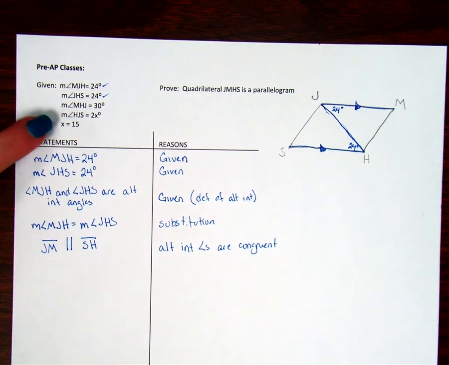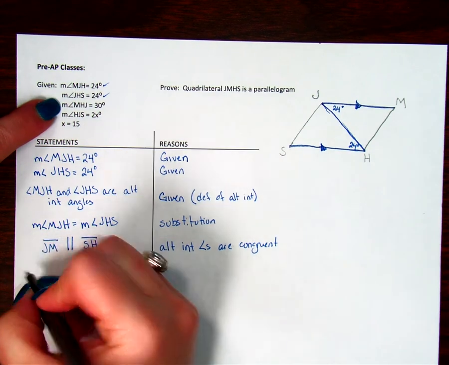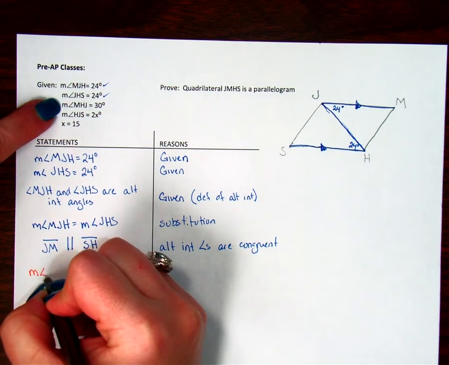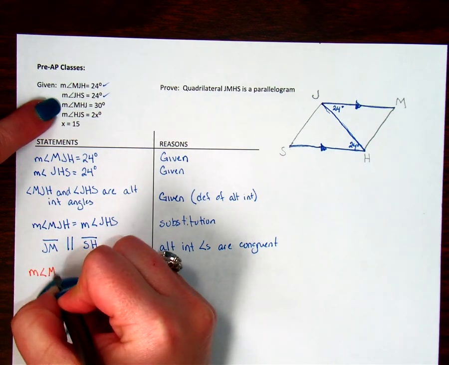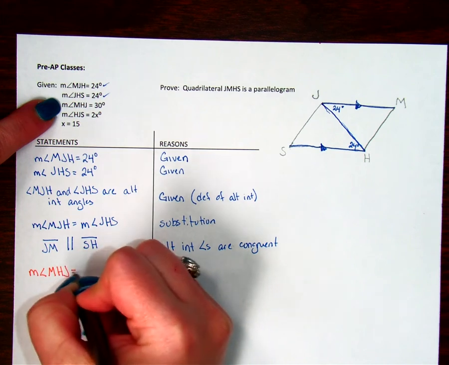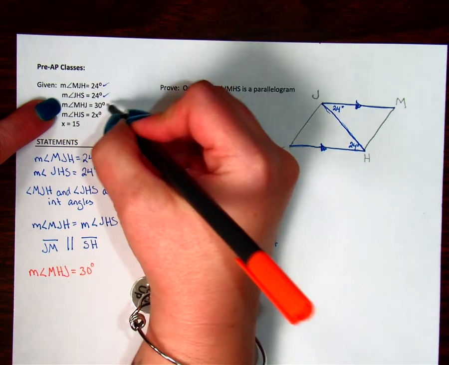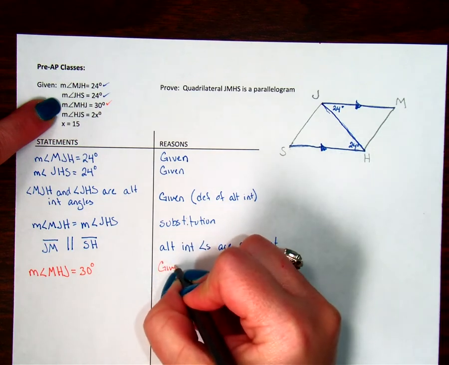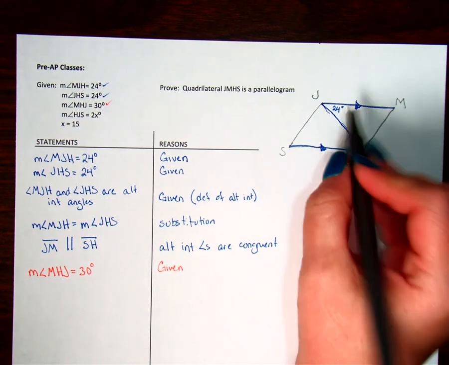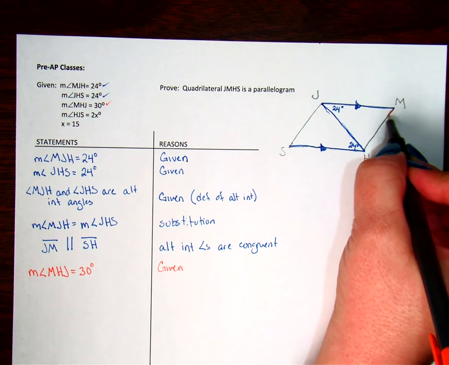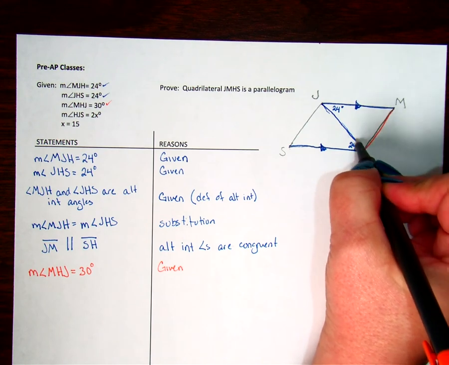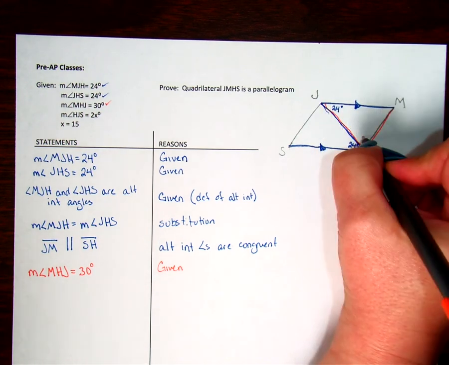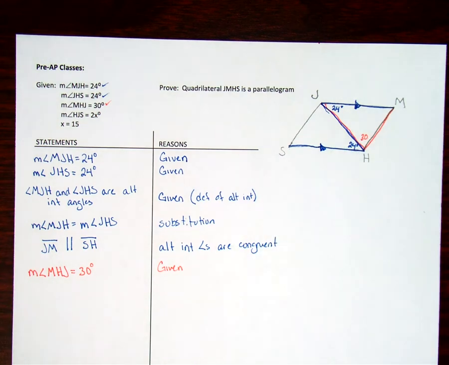My next measure of angle given is measure of angle MHJ is equal to 30 degrees. I'm going to check that off that I used it, and I'm going to mark it in my picture what my given was. So MHJ, so that's this angle here is 30 degrees.